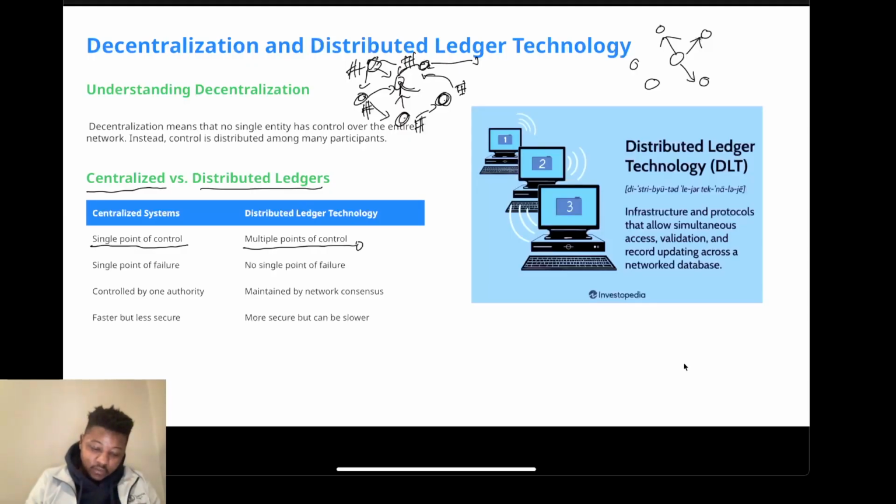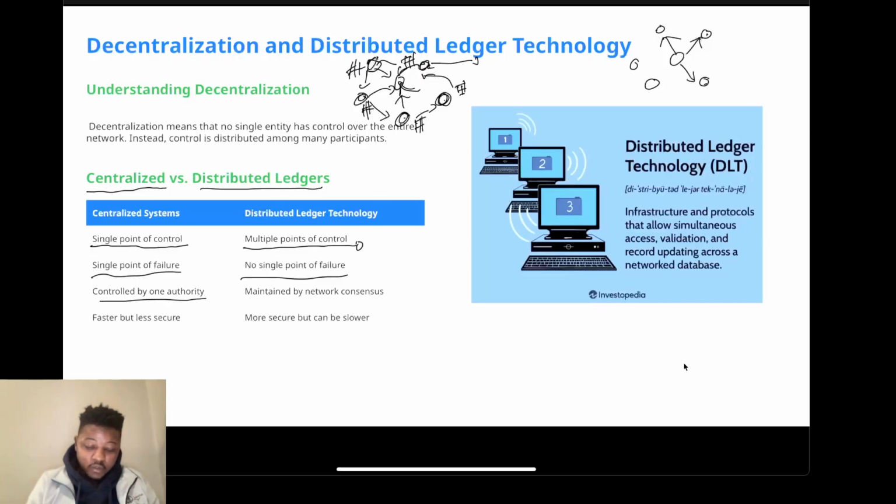This is where we have a single point of control versus multiple points of control. Each individual plays a part in the ledger, while here only the bank plays a part in the ledger. Then we have a single point of failure, versus no single point of failure.